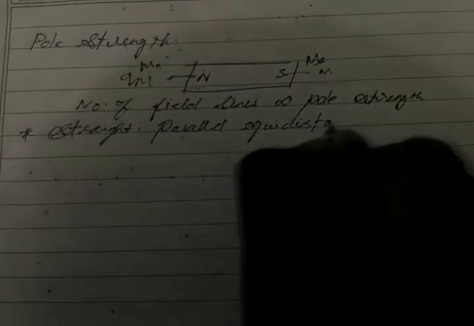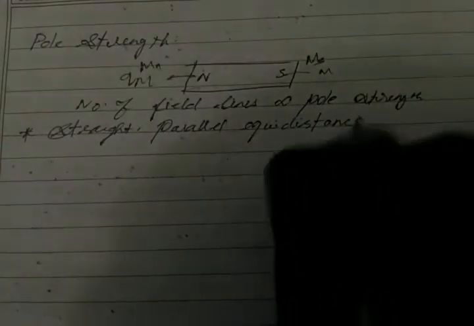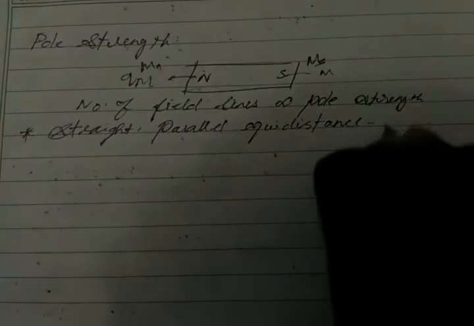Next one: straight, parallel, equidistant. These kinds of field lines are known as uniform magnetic field lines.